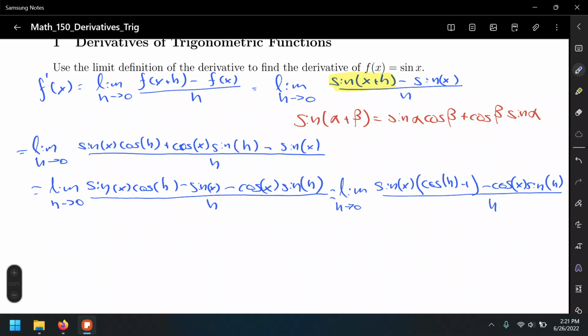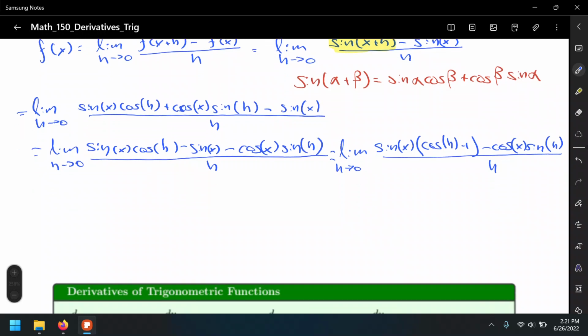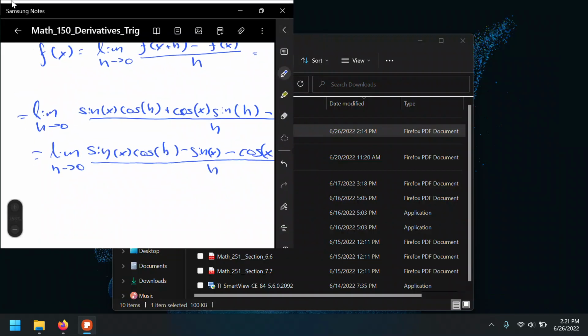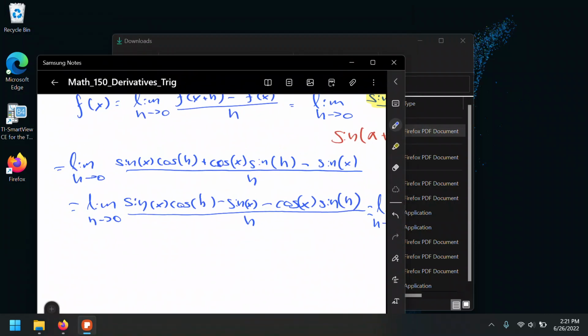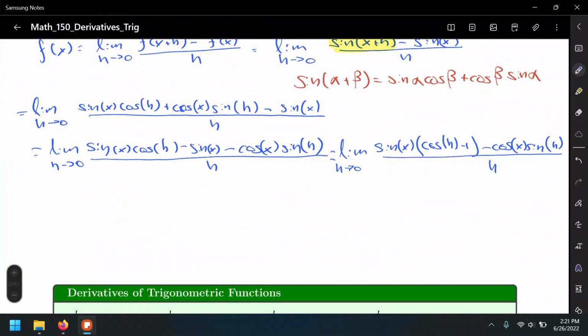Because we have a sum of two terms in the numerator, I'm going to split it into two limits.